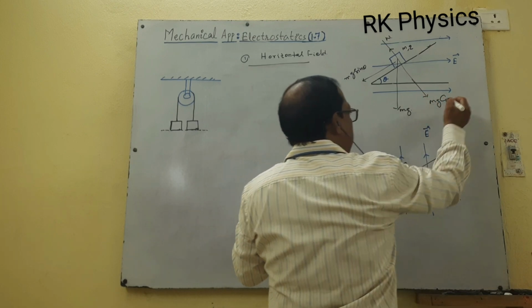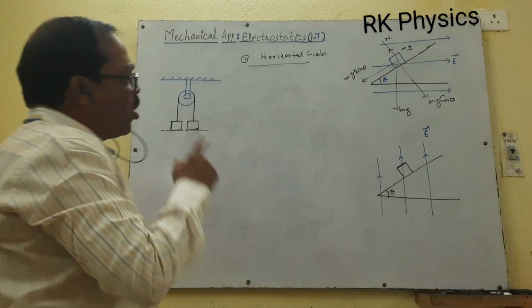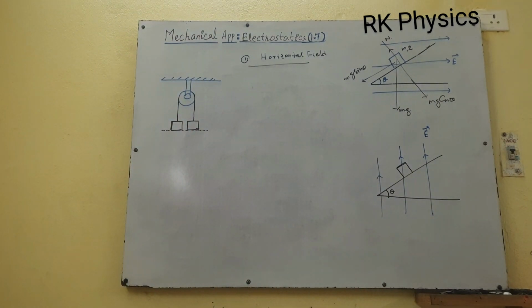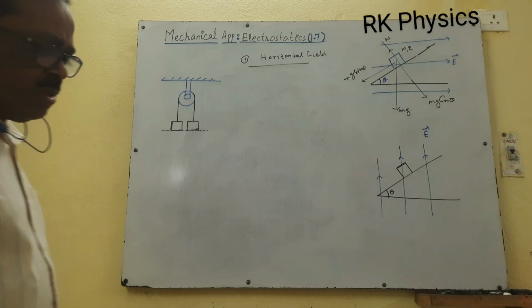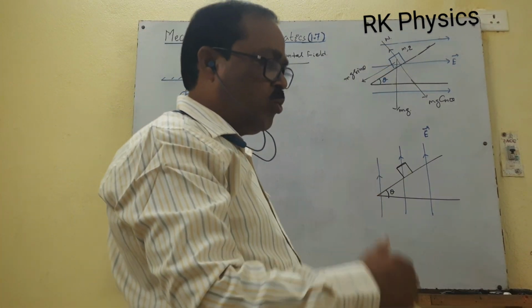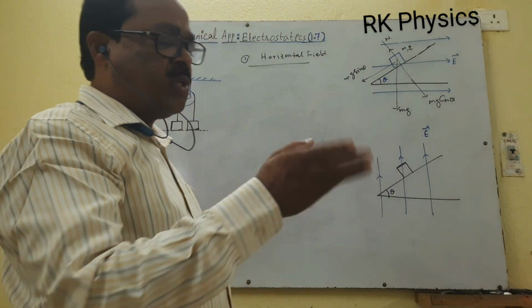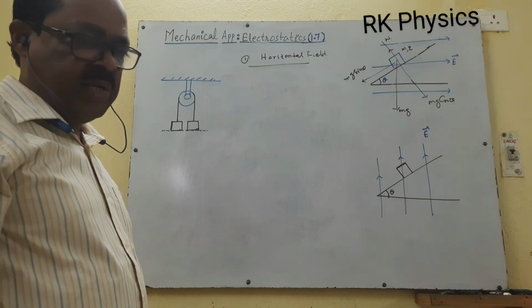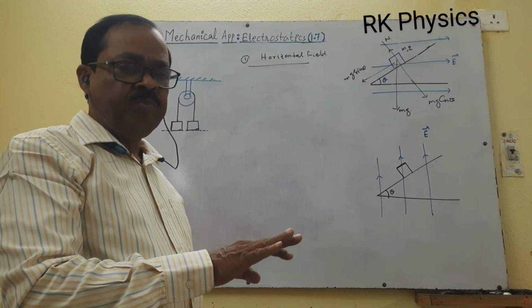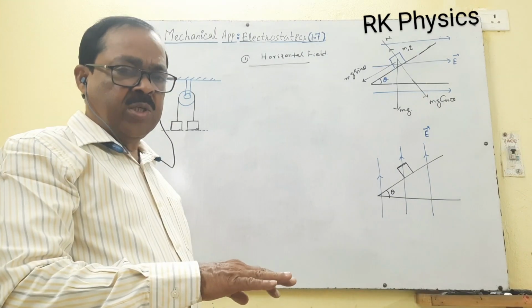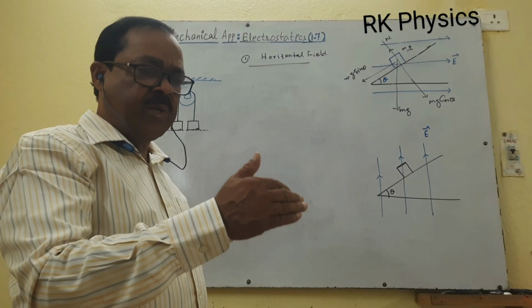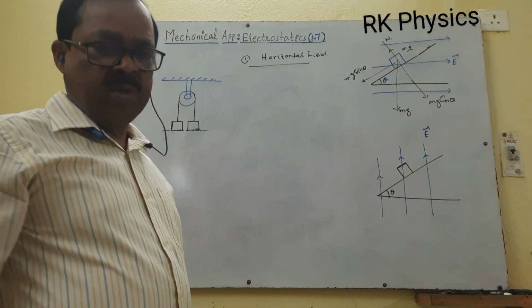Now in this section, the normal reaction is taken into account, because in the previous section E was parallel to the plane. Therefore, it had no effect on the normal reaction. It is neither supporting nor opposing. That means there is no component of E along the normal reaction.